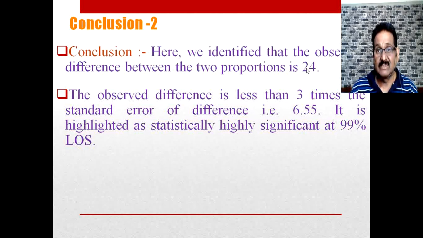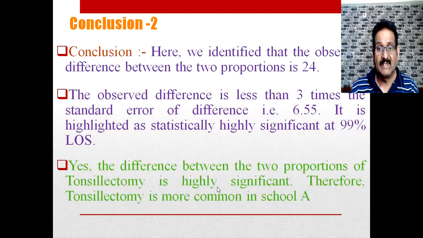This is less than 24, so that indicates it is highly significant, because the difference in proportion is more than thrice the standard error. So we consider the difference highly significant between the two proportions. Therefore we can also say tonsillectomy is more common in school A.